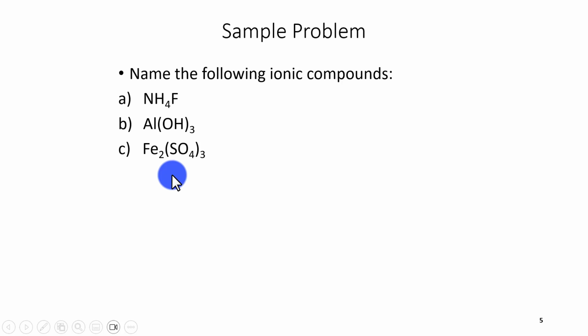A quick way to figure out what the charge is: once again, we did the charges and crisscrossed them, brought them down as subscripts, but you can also back calculate, so you can take the subscript and bring it up as a charge. So if I have a 3 here on the OH, that means that my aluminum, so I cross it to the aluminum, that means that it has a 3+ charge.